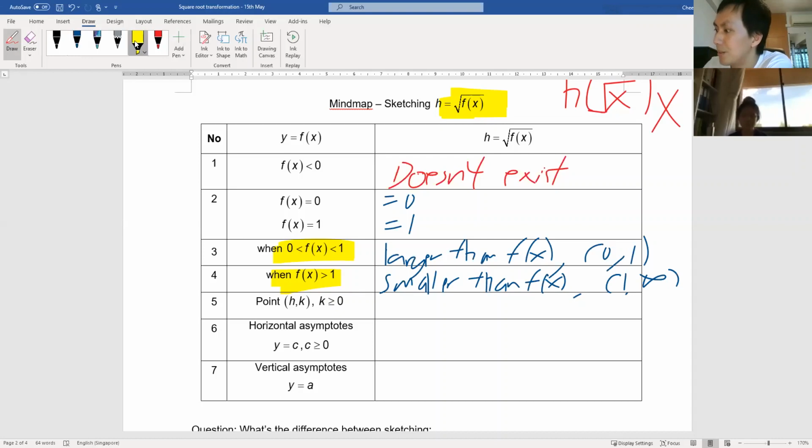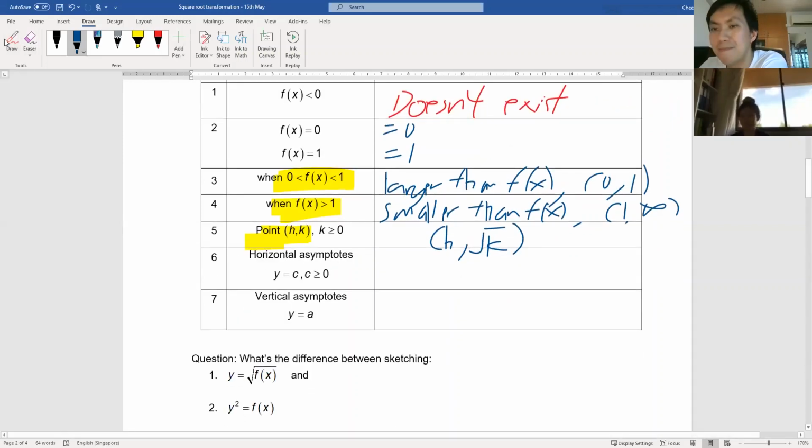So on an abstract point like this, you are just dealing with h and square root k, that's all. And then the horizontal asymptote, what do you think it will become? The root of that y value. So square root c.